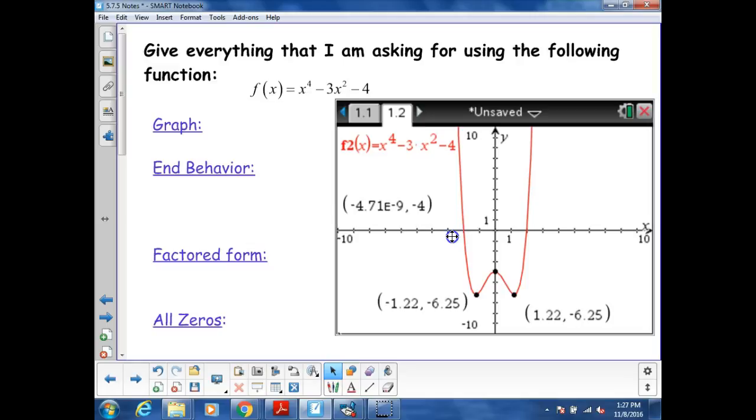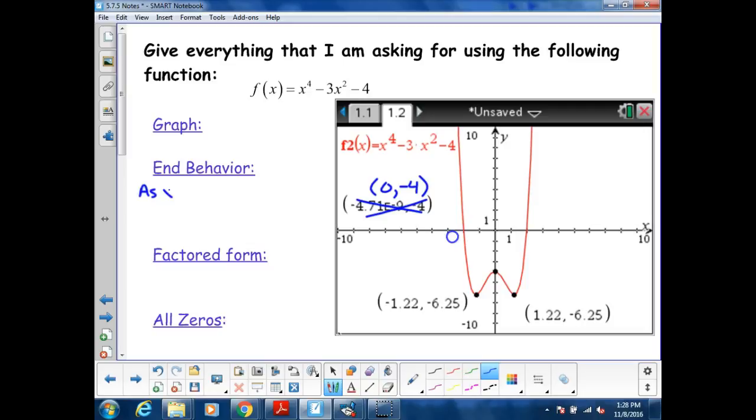There we go. Okay. So even though mine gave me these crazy numbers in here, that's really the point 0, -4. Because -4.71 e to the -9th is the decimal point, 8 zeros, then 4.71. So that's just basically 0. Okay? All right? So there's our graph, our end behavior.